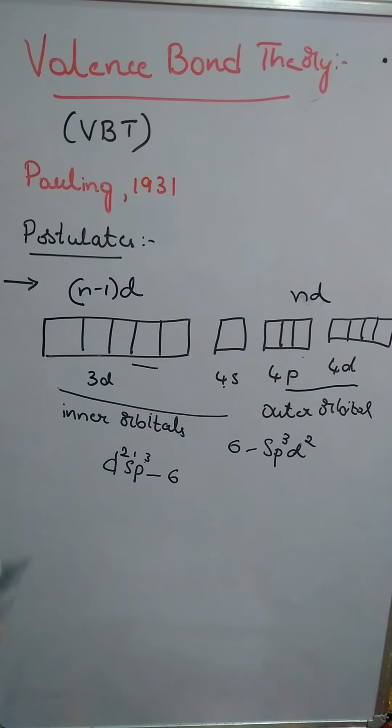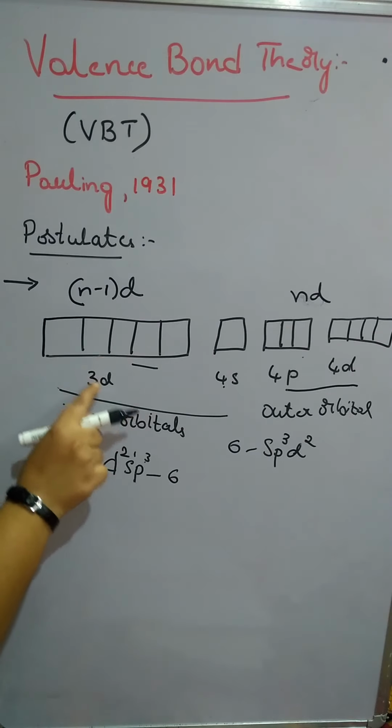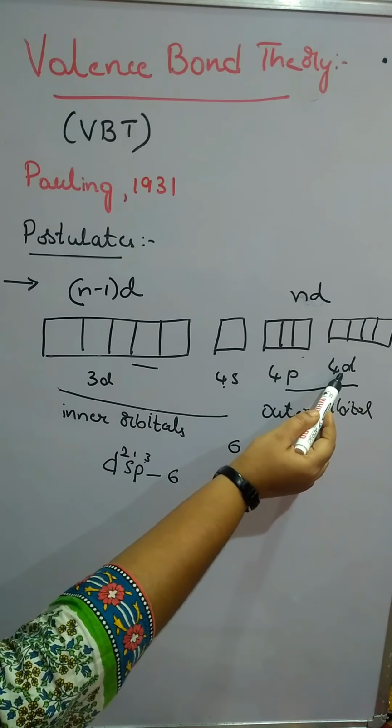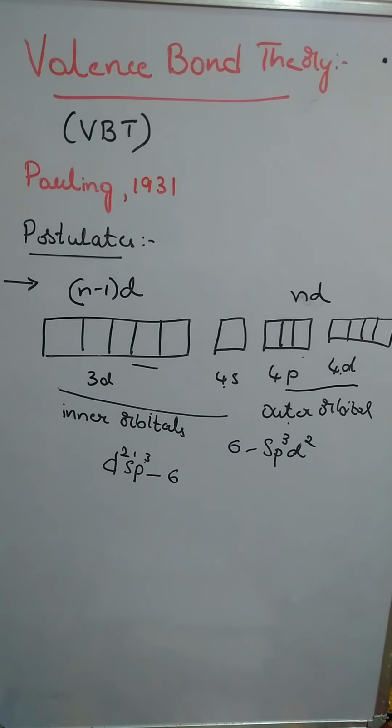If inner d orbitals, that is 3d orbitals, are involved, then we call that inner orbitals or inner orbital complexes. If outer d orbitals are involved, then it is called outer orbitals or outer orbital complexes. So this is one point.